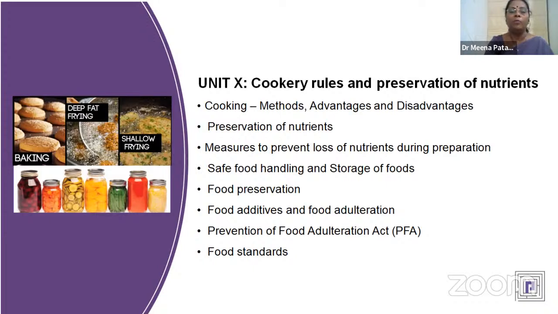Then preservation of nutrients, which can be, while cooking. So which method helps in preservation of nutrients? Then measures to prevent the loss of nutrients during preparation. What do you mean by preparation? Not the actual cooking process. That is covered upstairs, in the first aspect.